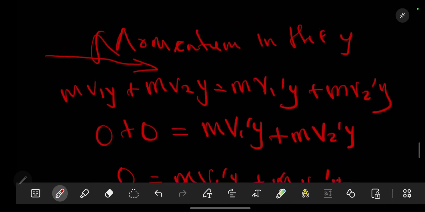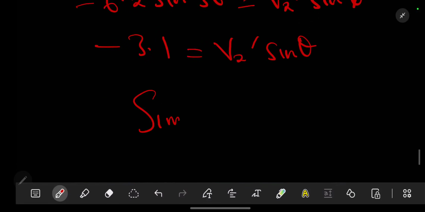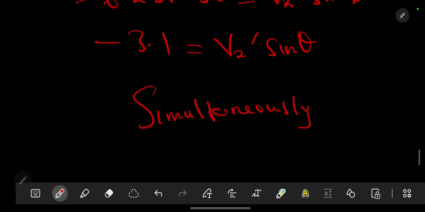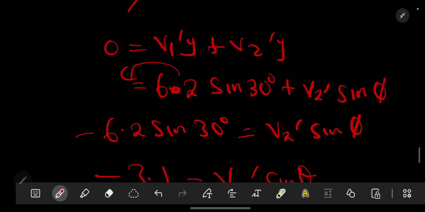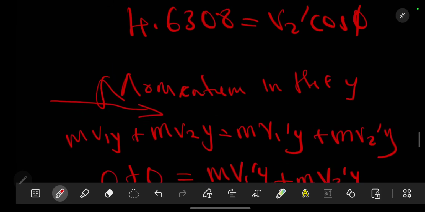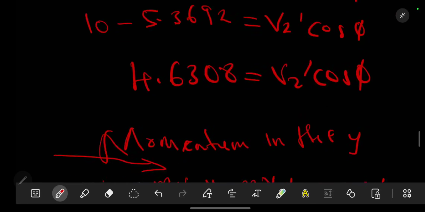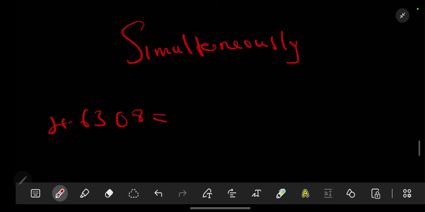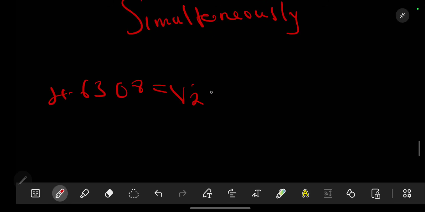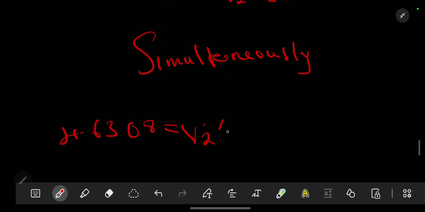As you can see, we are now going to solve the equations simultaneously. So simultaneously, we are going to get this equation: 4.6308 should be equal to V2 cap cosine of this angle.